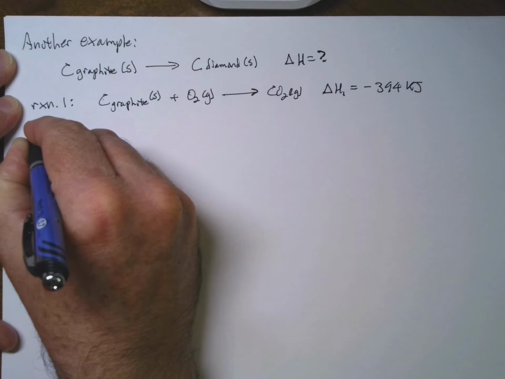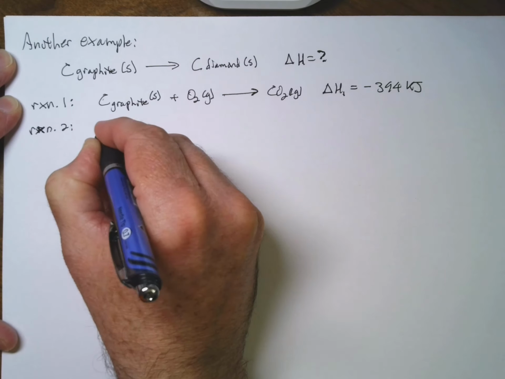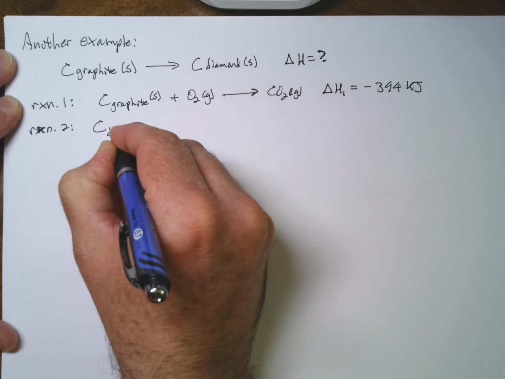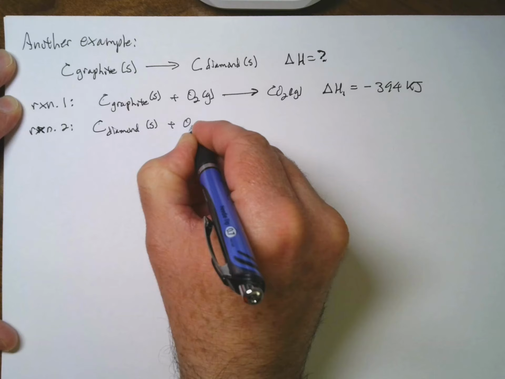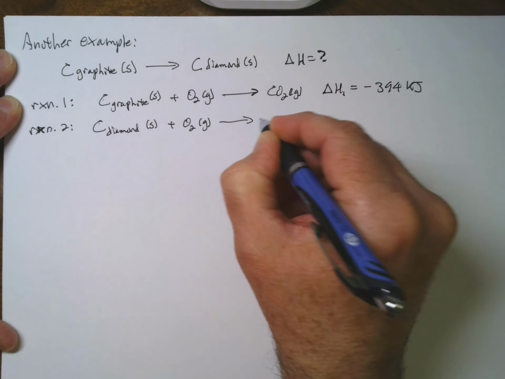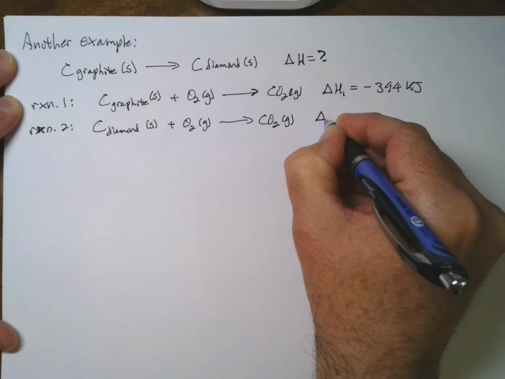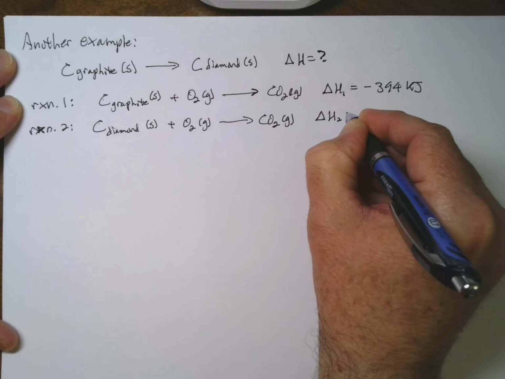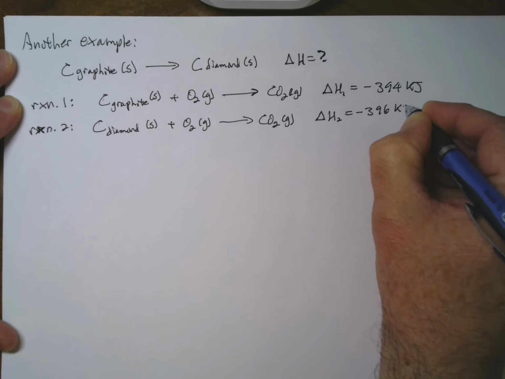And now reaction 2, we can have diamond, and we'll burn it in our bomb calorimeter, and we'll get CO2 gas. And delta H2 equals minus 396 kilojoules.